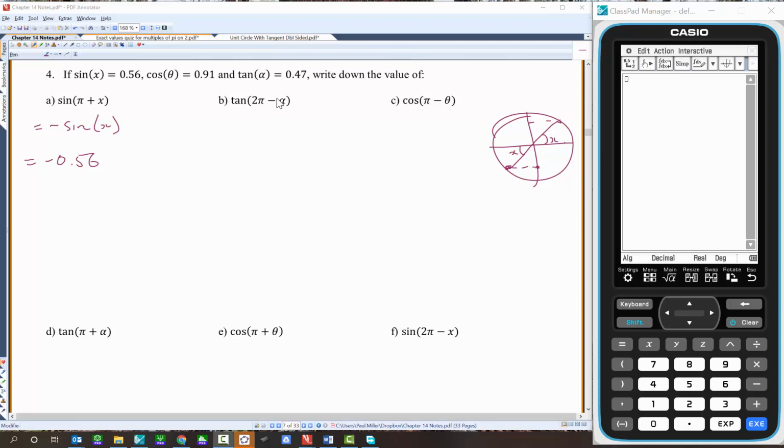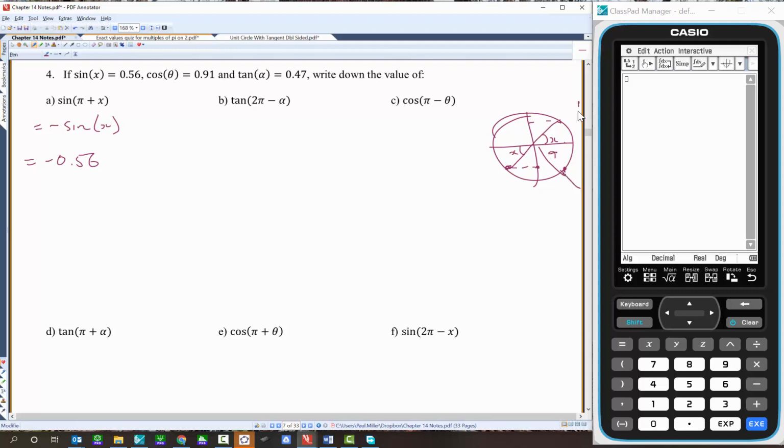Let's do this next one here. We're at 2 pi and we're going back alpha. So alpha is this amount here, an angle somewhere between 0 and 90. We're starting at 2 pi and going back alpha, so I'm going to make it up and say it's there. That's not theta, that's alpha.